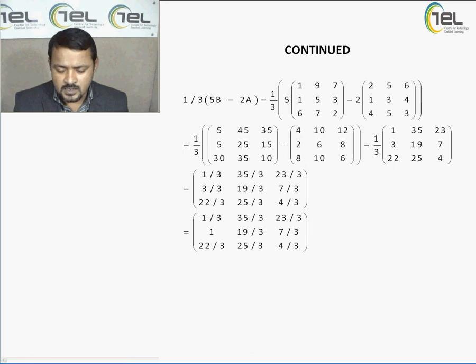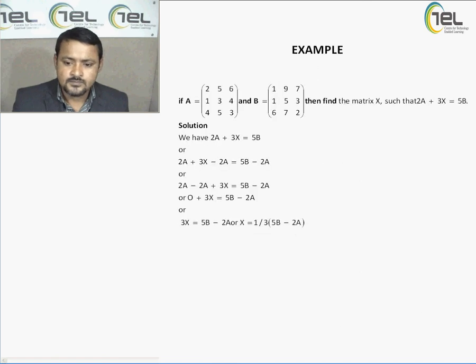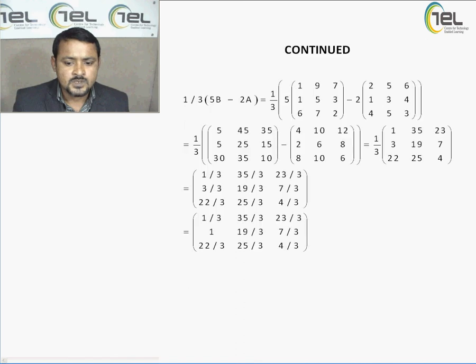Then we take the 1 by 3 portion, divide all the resultant numbers of the new matrix by 3. So we have the answer of 2A plus 3X is equal to 5B. So the matrix X is given as 1 by 3 of 5B minus 2A.